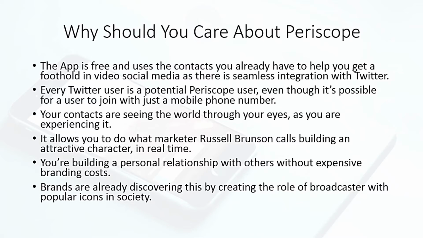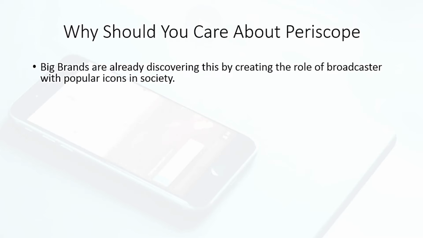And really, if you want to know whether this really works, and whether it's something that will help you build that connection with people, big brands are already doing this. They're already discovering this by creating the role of broadcaster with popular icons in society, as well as creating those roles with people in their company. Now, what do we mean by that?